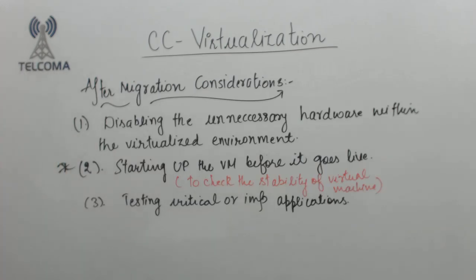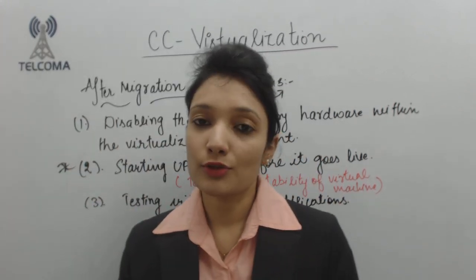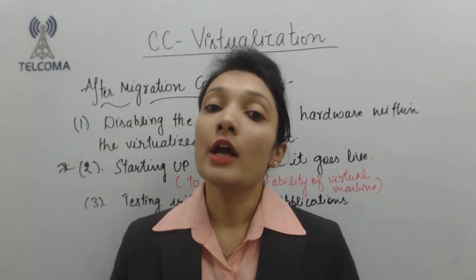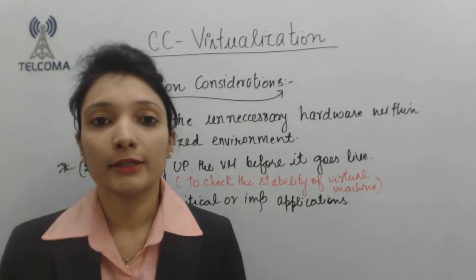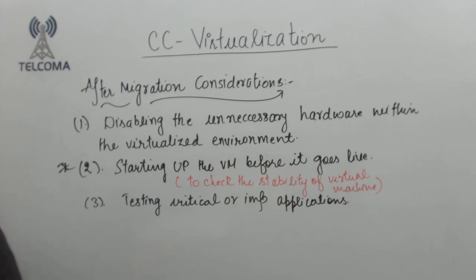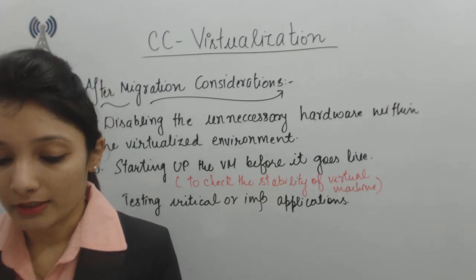Once a virtual machine has been loaded up, the important applications should be briefly run and tested to ensure that they are working properly. So before connecting it to the network, you need to test the critical applications to check their stability.